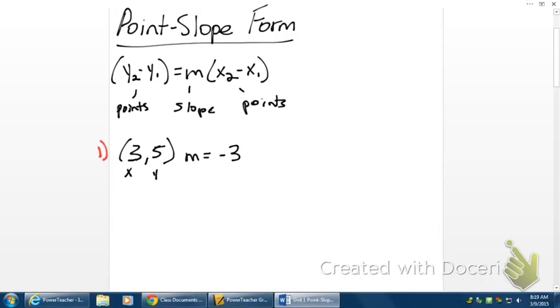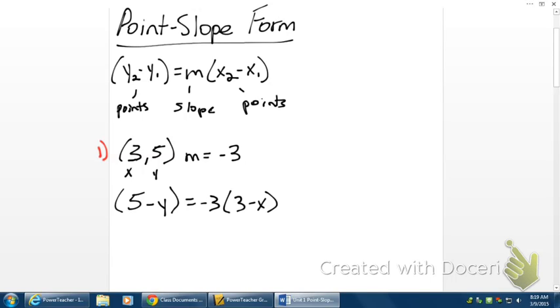So whenever I go to plug this into point slope form, you can just plug that 5 in for the y2 minus, you don't know the other y, is equal to, what's my slope? Well, it's -3. What's one of my x values? I know it's going to be 3, and I don't know the other one.